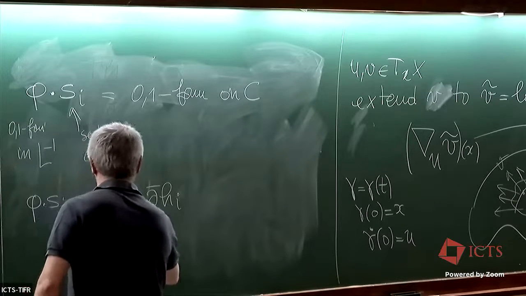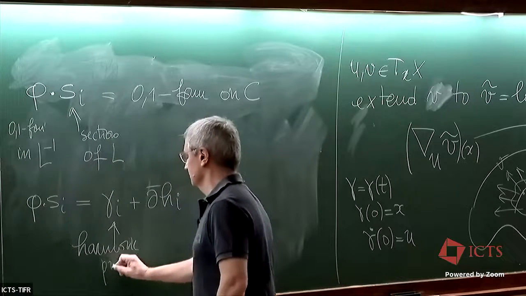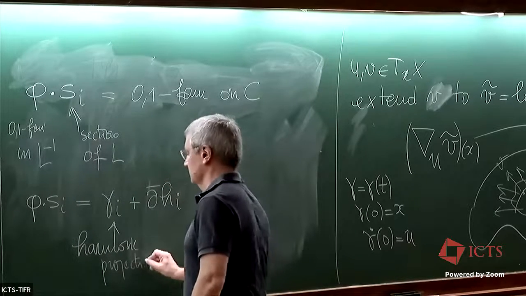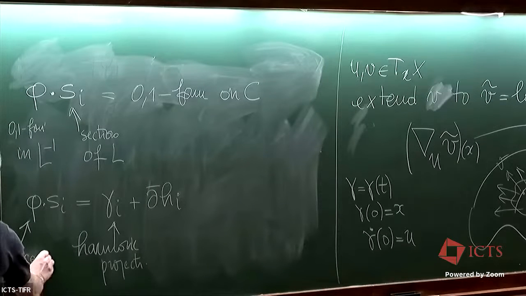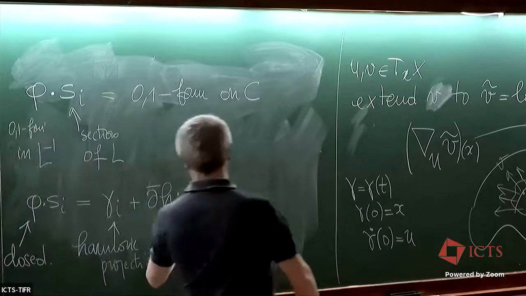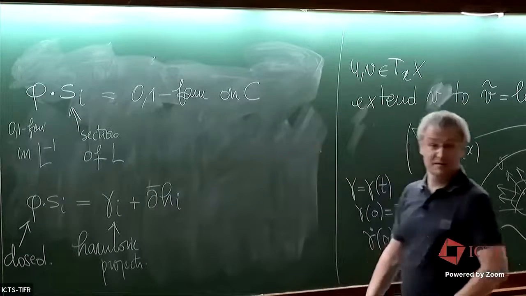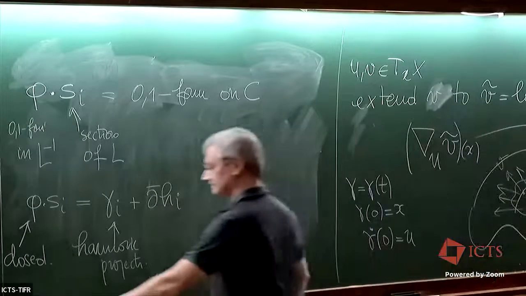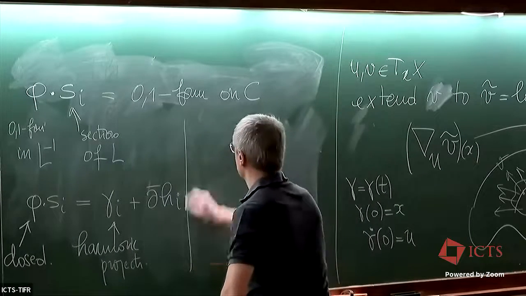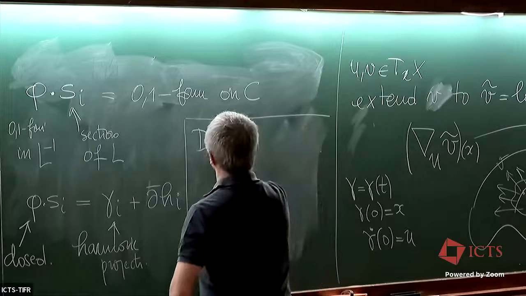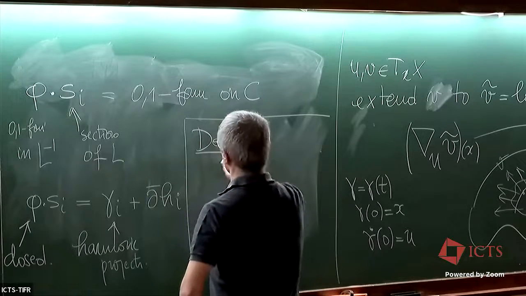So this is the harmonic projection of this form, which is closed. And the difference will be the bar of something. And now the definition is the following one.